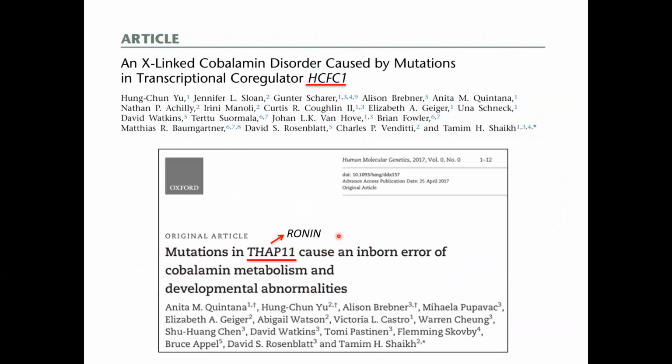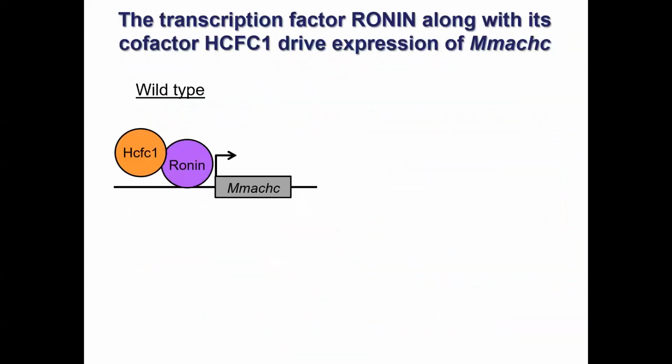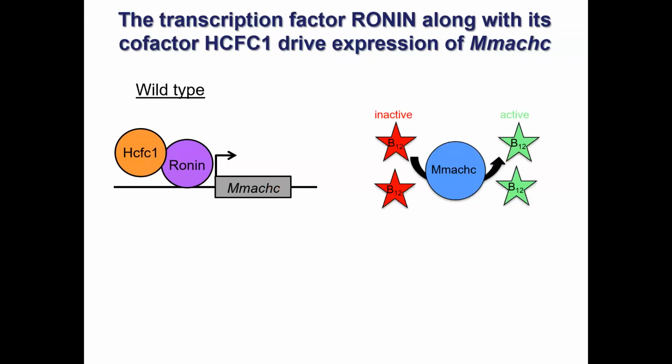So what is the relationship of these three genes? We talked about Mmachc as being the enzyme in the biochemical pathway. Ronin and HCFC1 actually control the expression of this gene. Ronin is a transcription factor, and HCFC1 is a cofactor for Ronin. They control expression of Mmachc, and to remind you, Mmachc is required for the conversion of B12. In the cobalamin deficiency disorder, Mmachc is not functioning properly, so you fail to make that conversion.